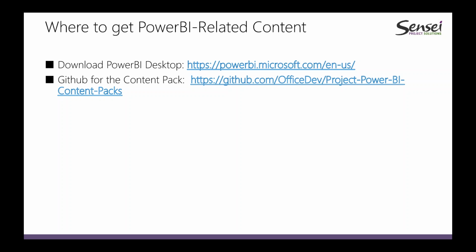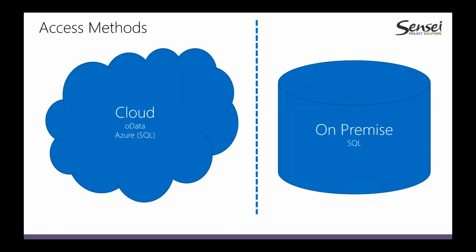Okay, so that's how you can get the data. Now, your data, especially in this cloud-centric world, could be in Azure, could be in OData, could be in the cloud somewhere, and you can access that by particular methods, or it could be on premise.